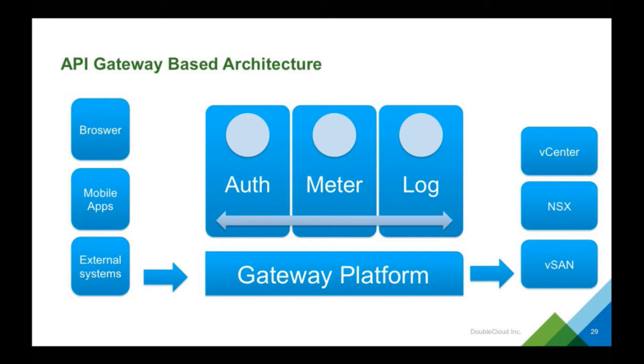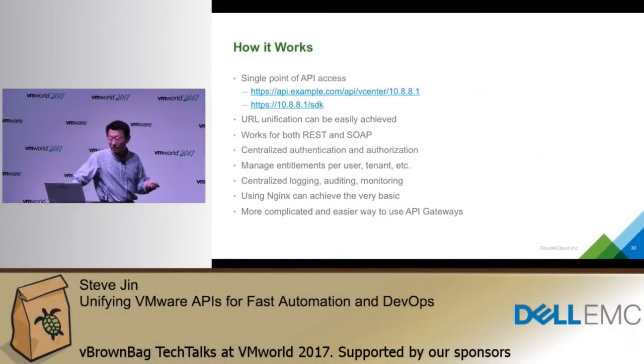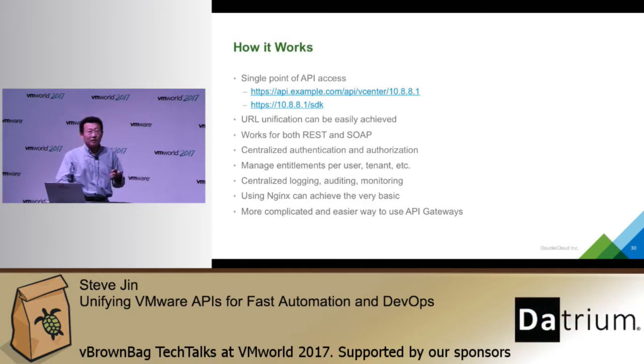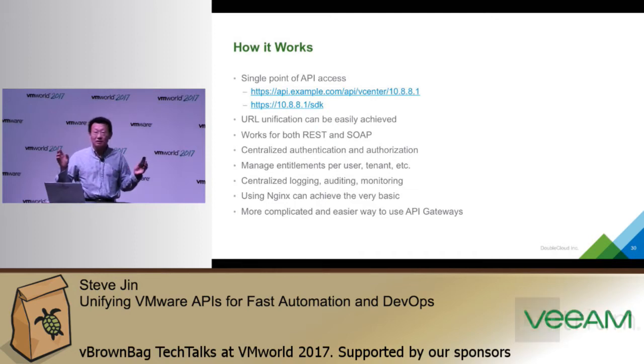Authentication, you can centralize the metering, you can do centralized logging, a lot of things. There are a couple of open source projects out there you can try out. At a minimum, if you have something like NGINX, you can do a very, very basic version of this kind of architecture.